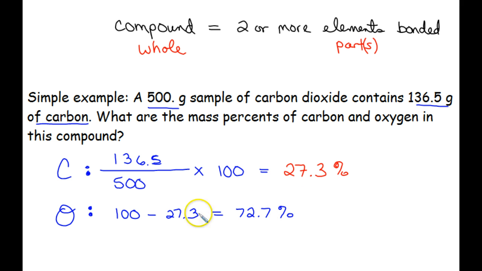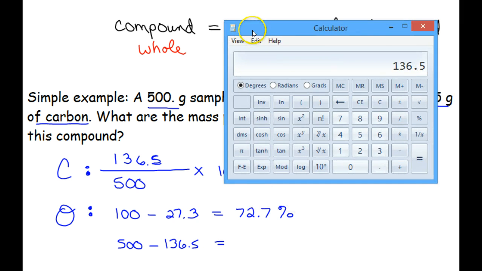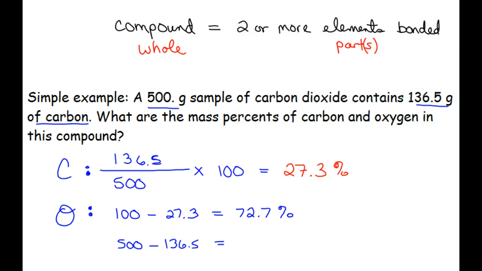The other way you could have looked at the oxygen calculation and said, well, I know that my total mass was 500 and that 136.5 grams of that was made up of my carbon, so bring our handy dandy calculator over here. 500 minus 136.5, 363.5.